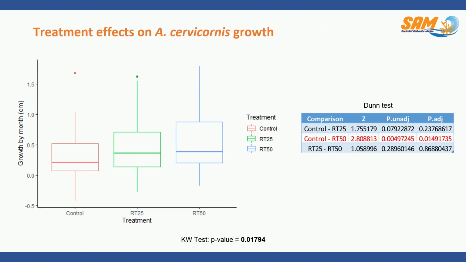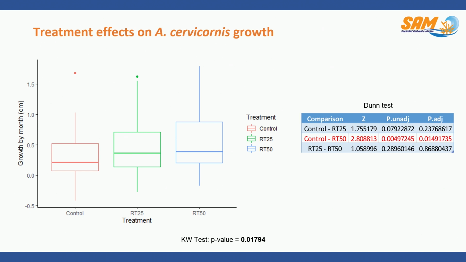When we did the statistics, we found out that there is a significant difference between the fragments in presence of Ramicrusta textilis at 50% area cover and the control ones.